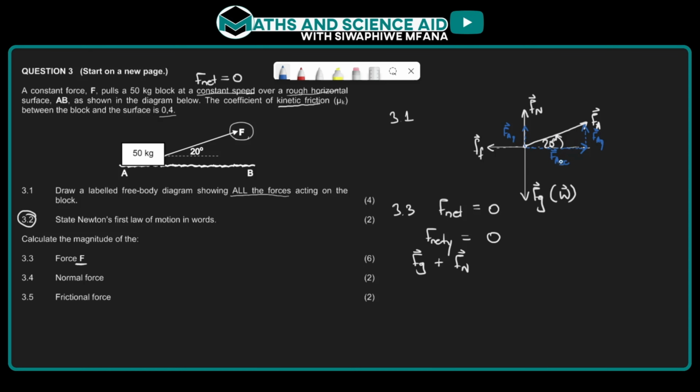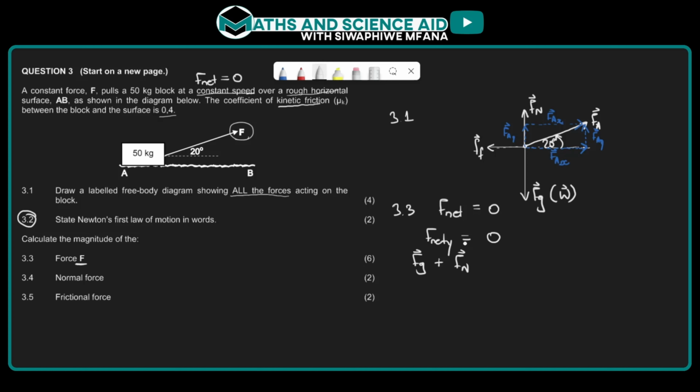And likewise for Fa of x, we can also show it by a vector from the head of Fa of y up to the head of Fa. So this is also equal to Fa of x. So it's exactly the same as this Fa of x.